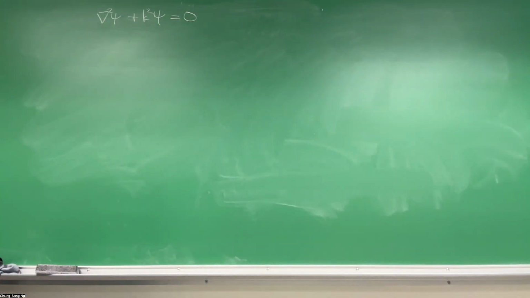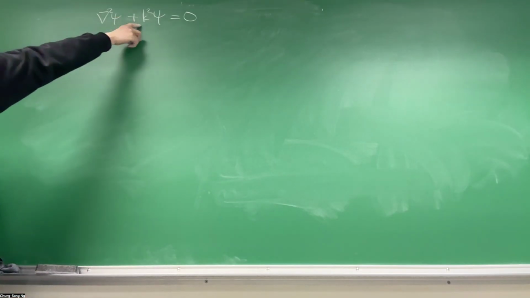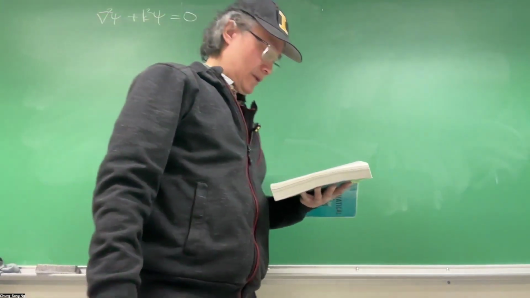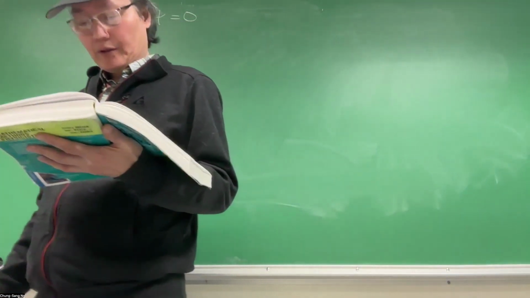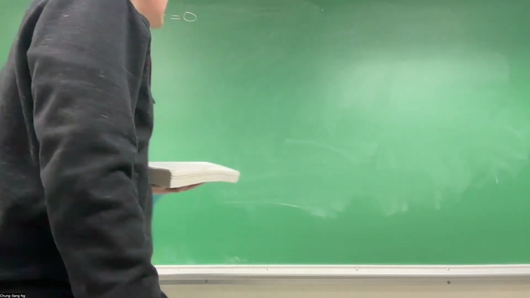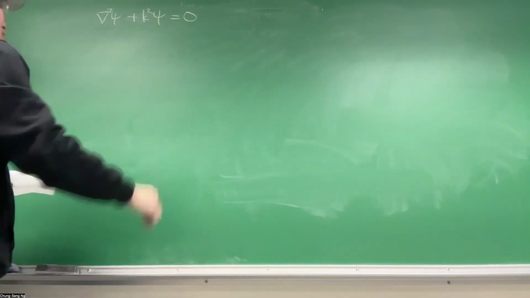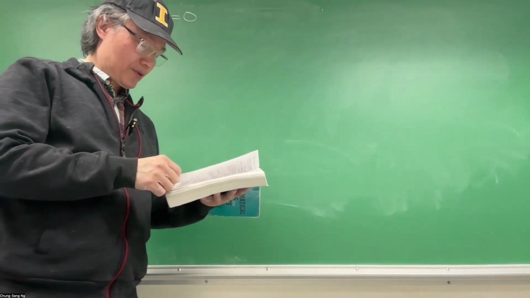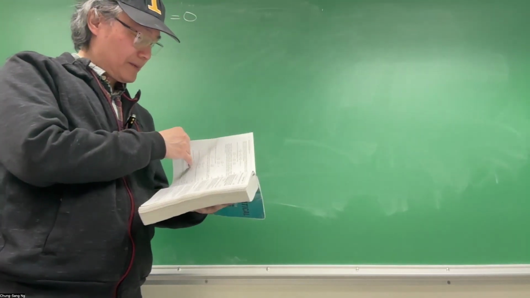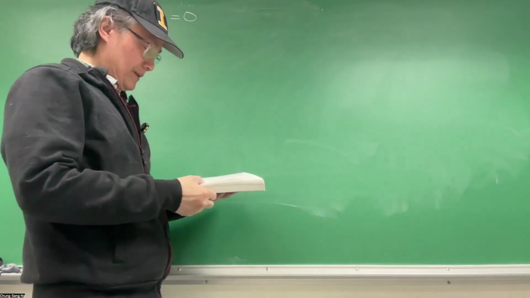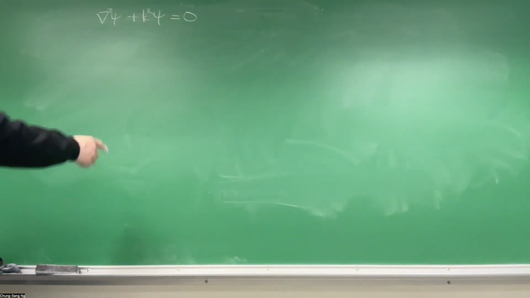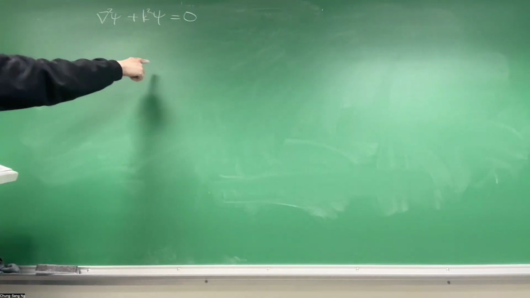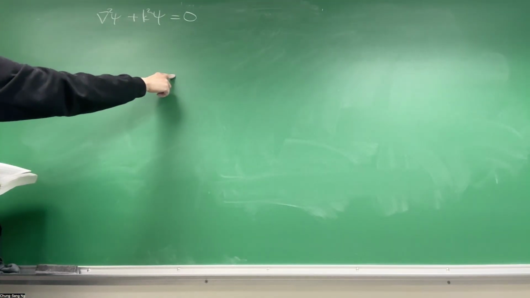We can treat k squared as positive. That's why we write it as k squared. That's the usual example in the Helmholtz equation. For a negative value, it's still a valid equation, but the form of the solution will be a little different. To illustrate separation of variables, we'll just use a positive k squared.